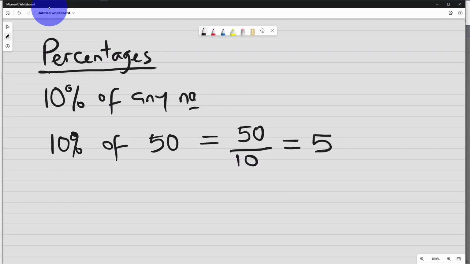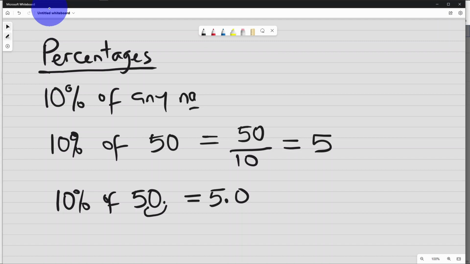Another easier way of doing it: if you are finding 10% of 50, all you do is move the decimal point to the left by one place, for each zero in 10. So 10% of 50, the decimal point will move to this side, and this will be the same thing as 5.0.